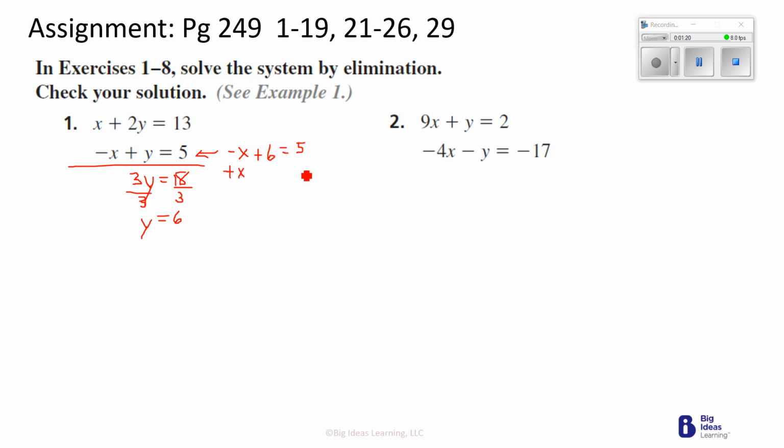So I'm going to add x to both sides. This is going to leave me with 6 is equal to 5 plus x. Then I'm going to subtract 5 from both sides. And this is going to leave me with 1 equals x.